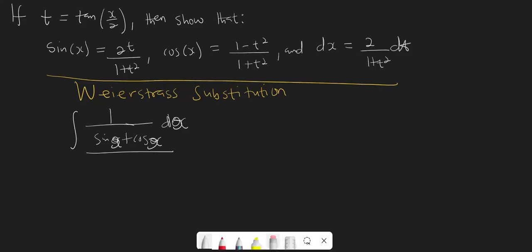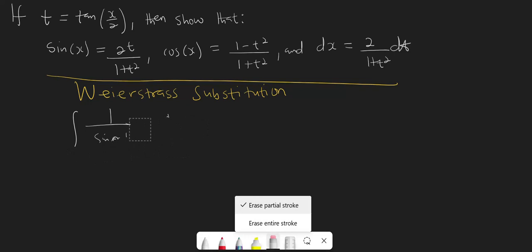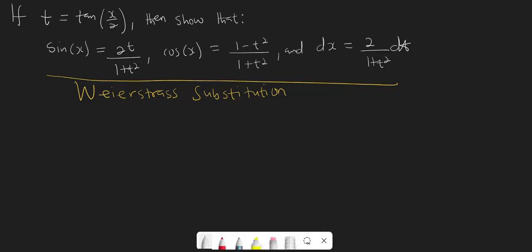So I will claim this one. First, we have sine x. We can use the double angle identity. So sine x can be written as sine of x over 2 plus x over 2, since x over 2 plus x over 2 is equal to x.